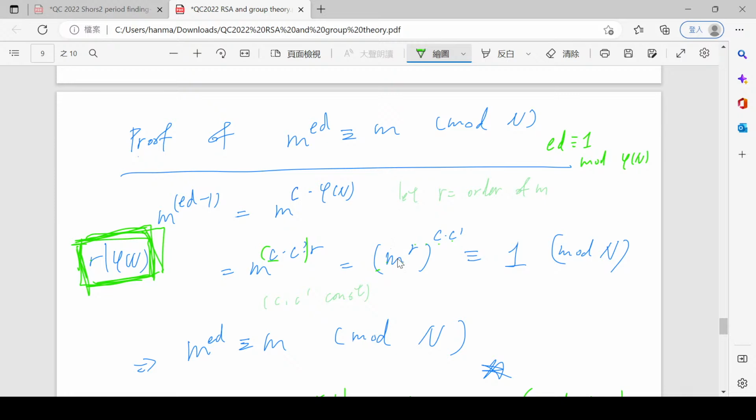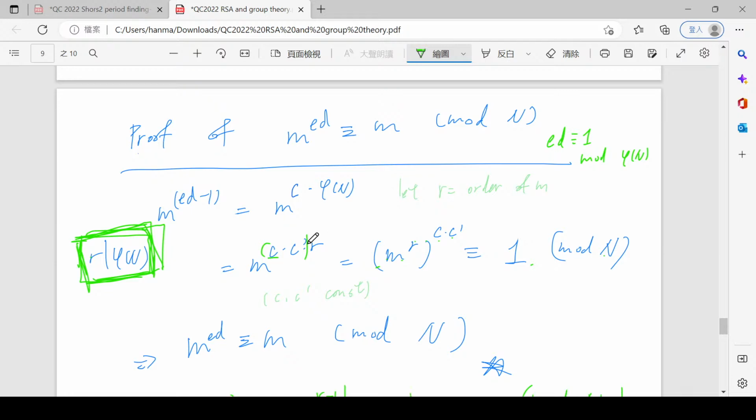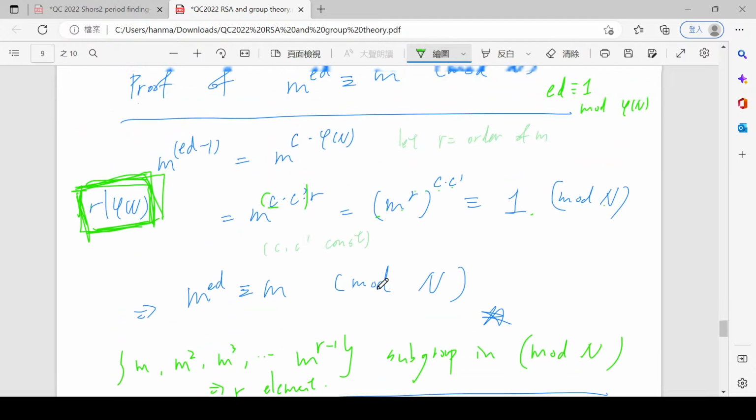And well, m to the R equals 1 mod n. So 1 to whatever power is still 1, so this is 1 mod n. So yeah, that's basically it.